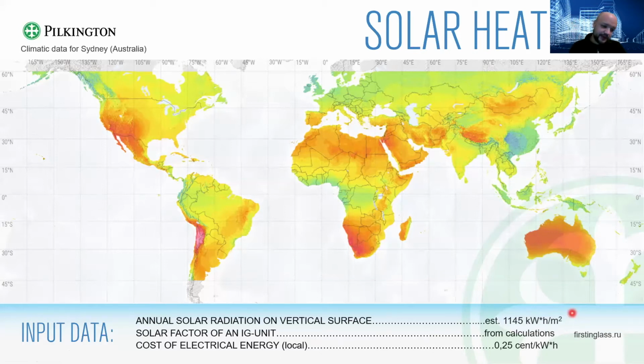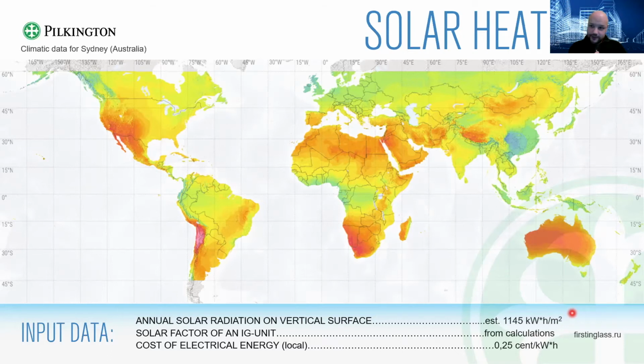Now, this piece of data is the most difficult to find because the modern internet is dominated by the solar panels. So you can find how much solar heat is falling on the horizontal surface almost everywhere. Vertical, more difficult, but of course doable.